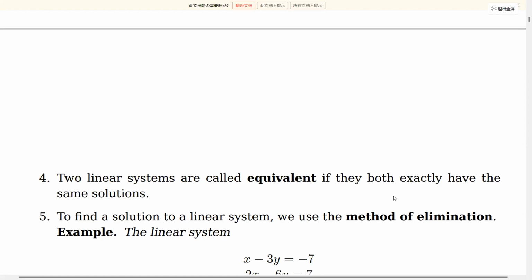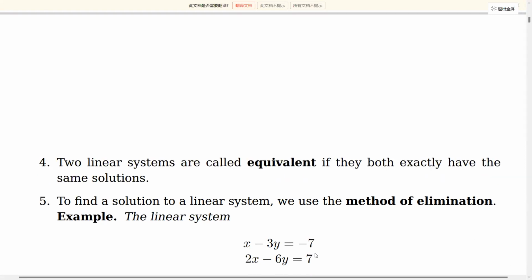Okay. So for example, we want to find the solution to a linear system, and this linear system has 2 equations: x minus 3y equals -7, and 2x minus 6y equals 7. I'm going to use the method of elimination, but you can also use the substitution method, as we know.